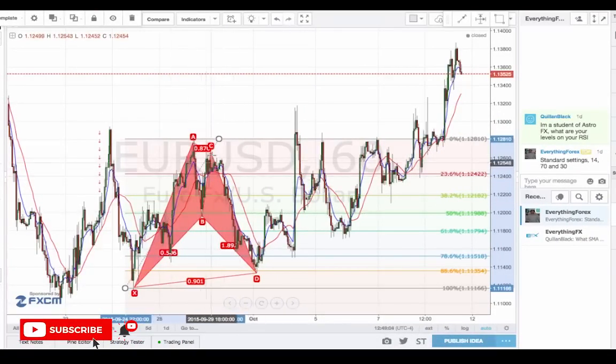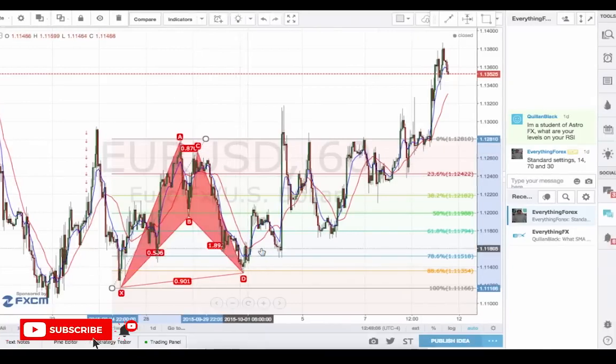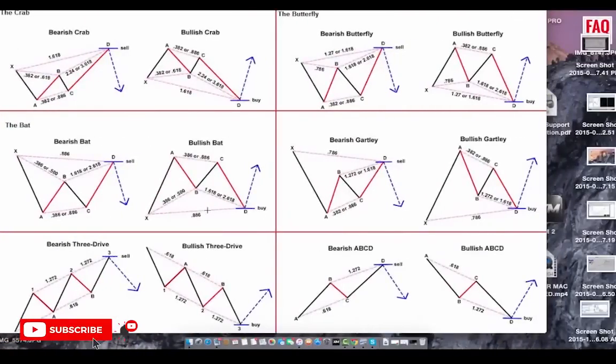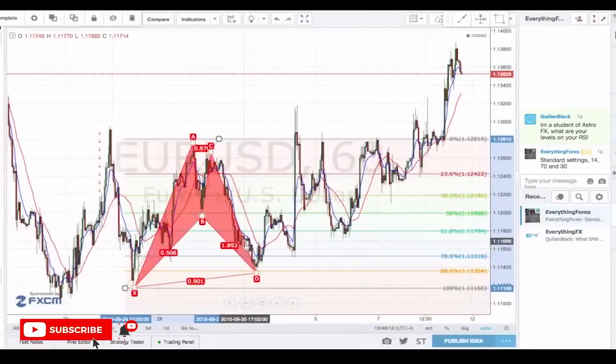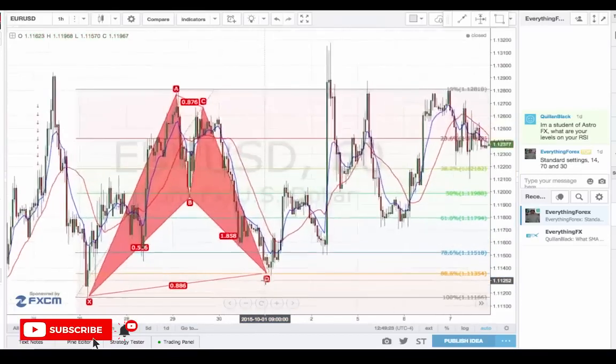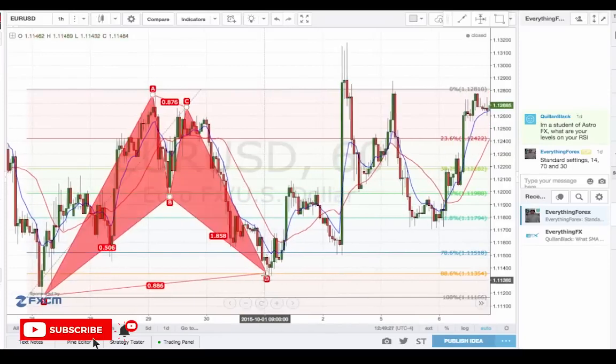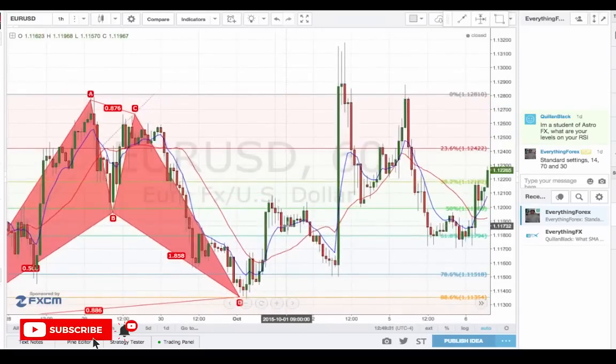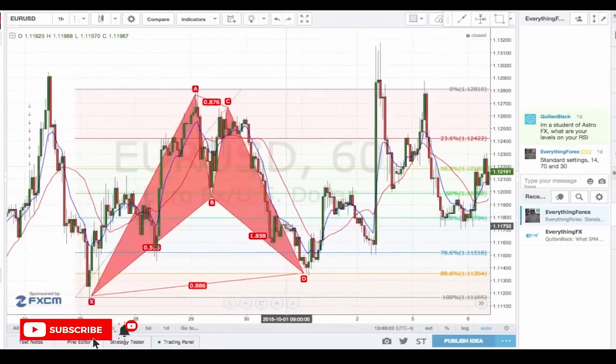Okay, so from there, C to D has to equal 88.6 of X to A. All right, that has to be a little off. 88.6. Okay, so from that point, that would have been a retrace for a bullish type pattern on this market right here.